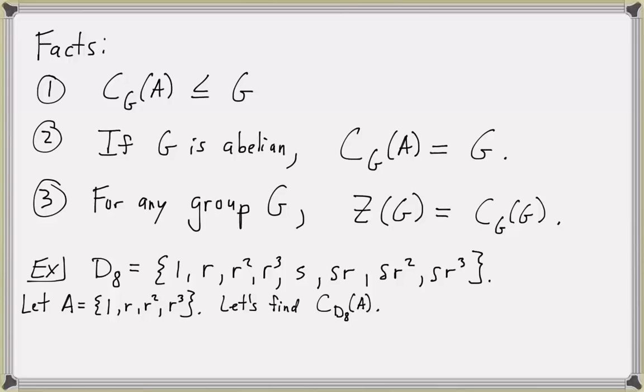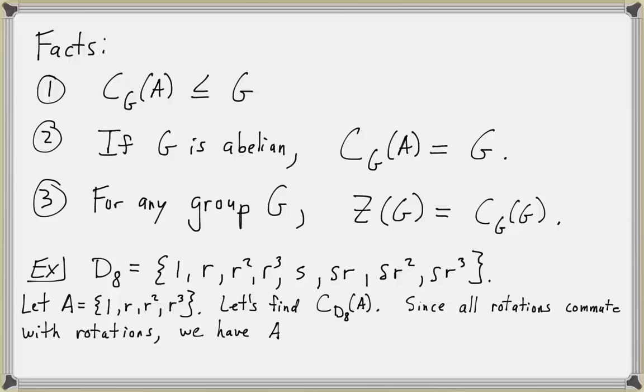So in particular, all the rotations would commute with A. So again, since all rotations commute with rotations, we see that A must be a subset of the centralizer of A. And I'm going to write the fact that A is a subgroup of the centralizer of A, because A is a group itself.